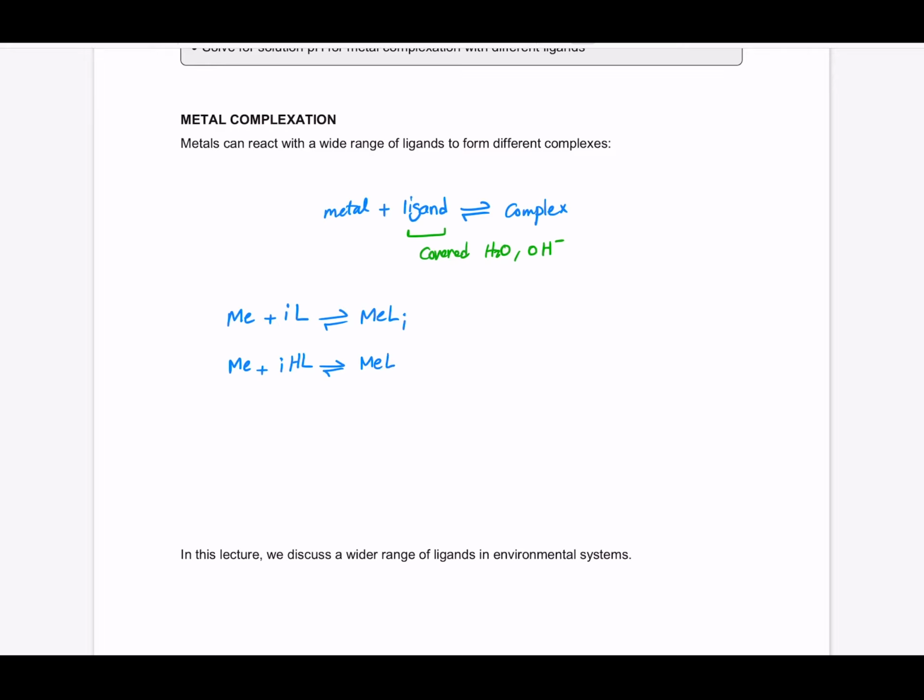So it would be metal plus HL forming the complex plus proton. Or it could be written stepwise.